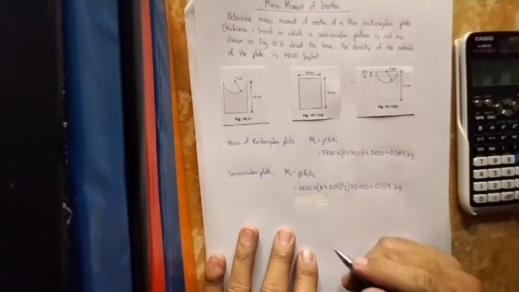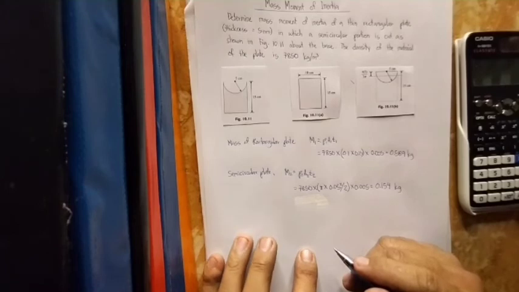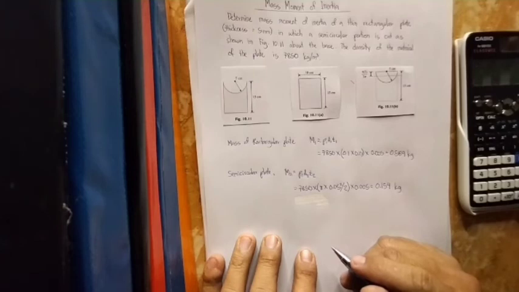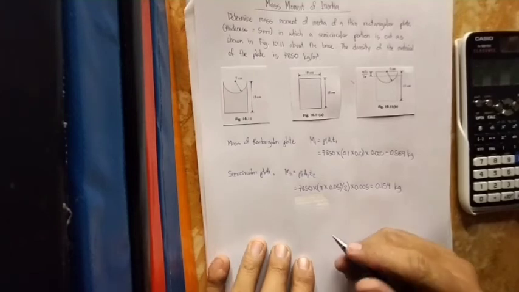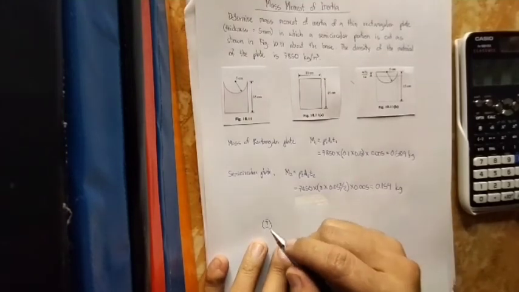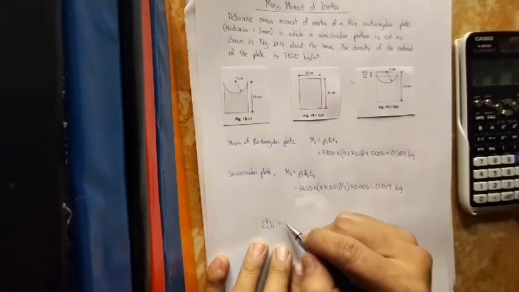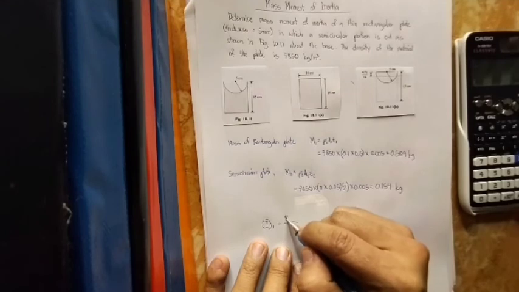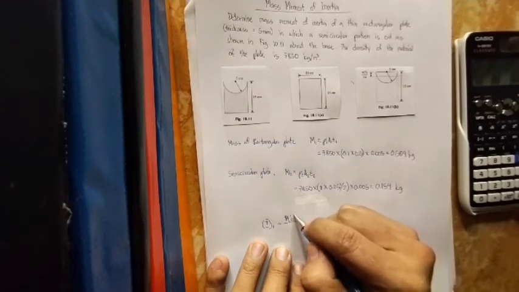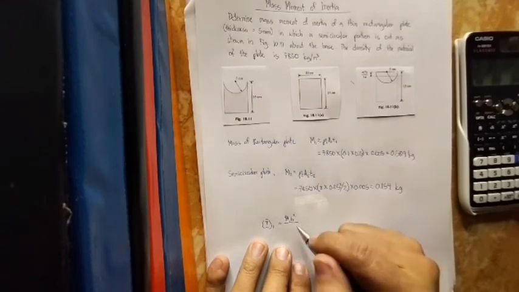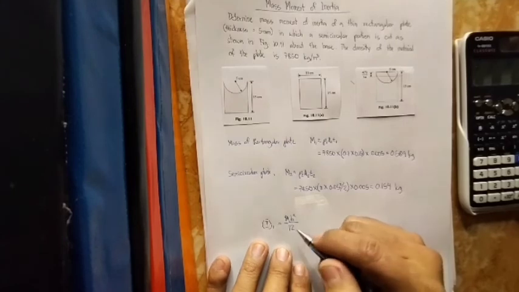Sa rectangular plate, alam natin na ang mass moment of inertia of a thin rectangular plate about its centroidal axis is mass moment of inertia 1 equals to mass 1 times h squared over 12.